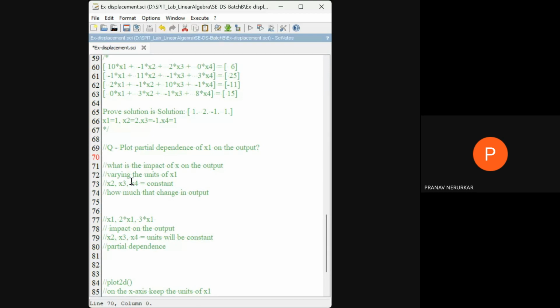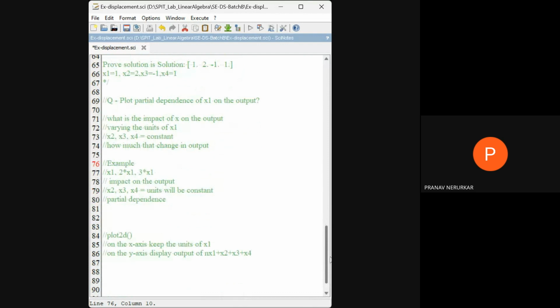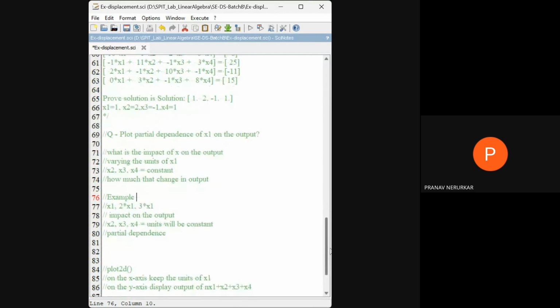For example, you can plot, change n from 1 to maybe 25. Keep the units of x2, x3, x4 constant. Just vary the units of x1.